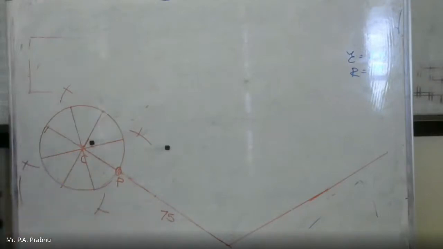Divide this angle, POP dash, also into 8 equal parts.